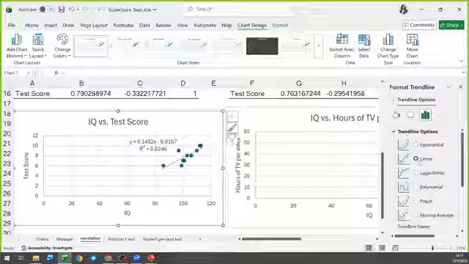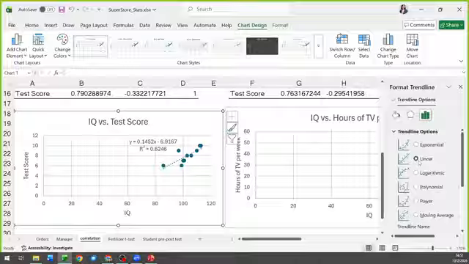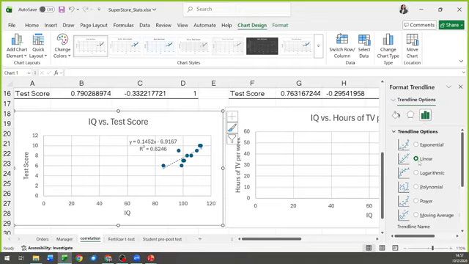So once we get this trend line, I can come up with my question. For example, let's say I have a daughter and my daughter's IQ is 100. Can you predict how much test score she has?